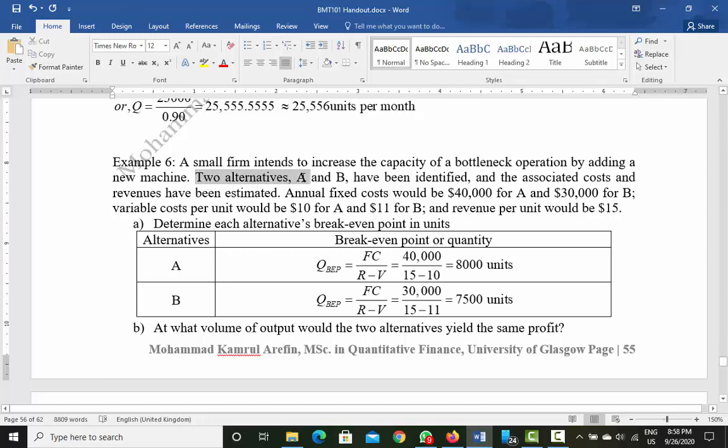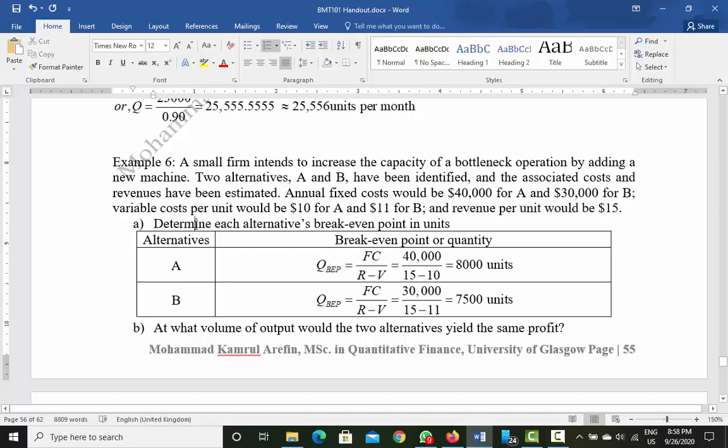Two alternatives A and B have been identified. The associated costs and revenues have been estimated. Annual fixed cost would be $40,000 for alternative A and $30,000 for alternative B. Variable cost per unit will be $10 per unit for alternative A and $11 per unit for alternative B. Revenue per unit will be the same, $15.